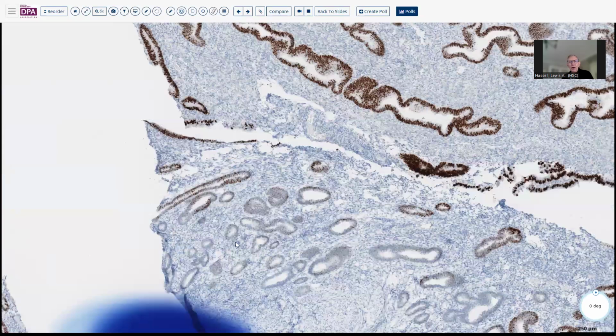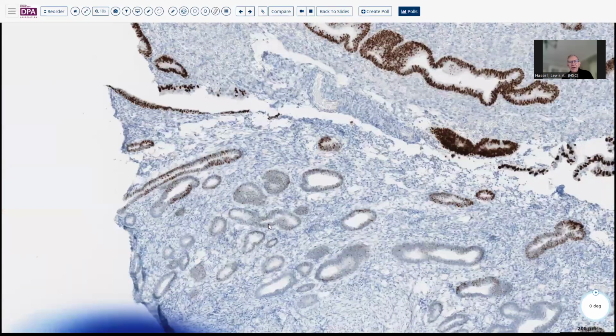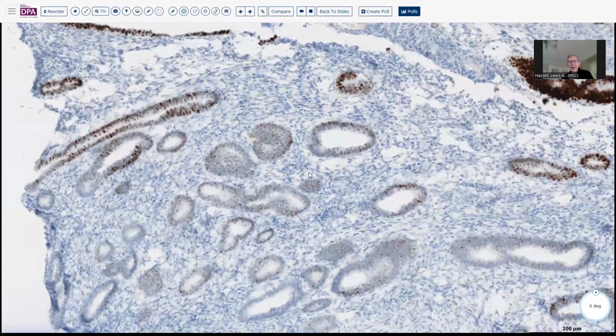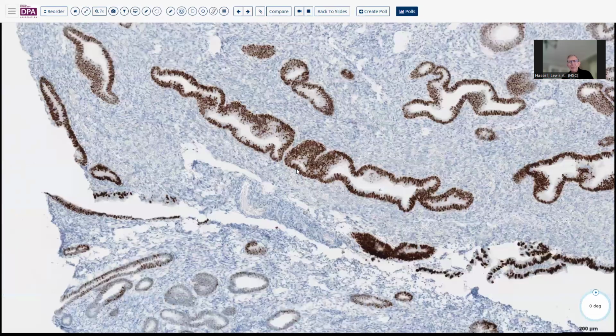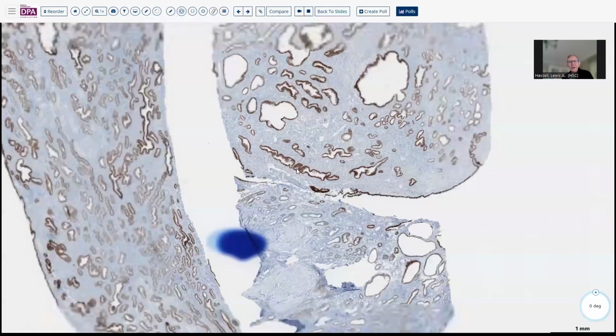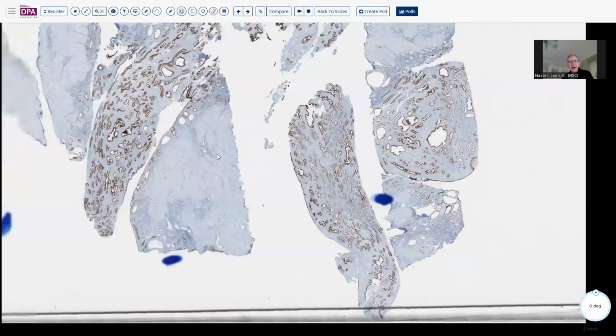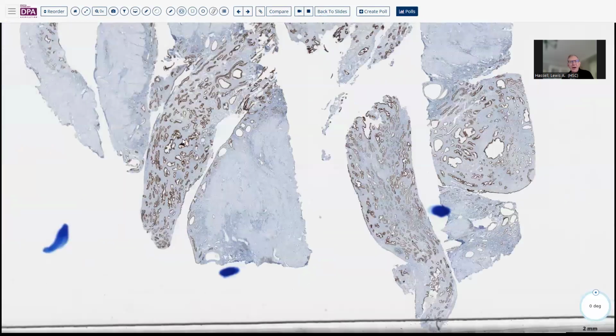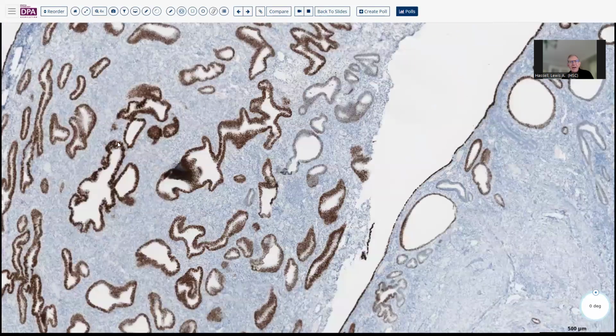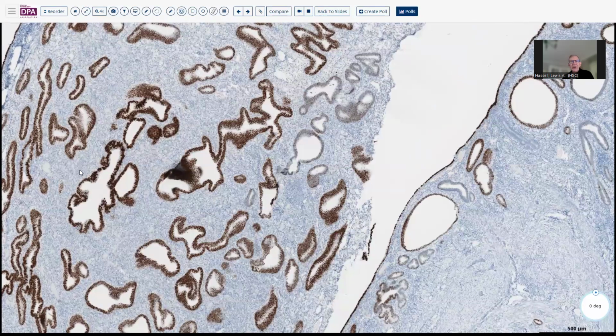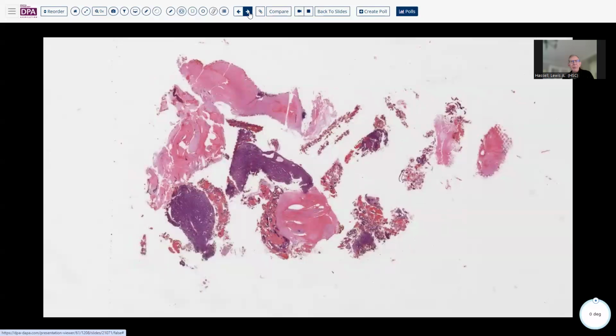So this would be the normal area here, and the abnormal staining tissues here are the ones that you see. So that's kind of a nice contrast. So even though we may not morphologically have the features in some of these glands that would say atypical hyperplasia, you can sometimes find the molecular features in those tissues as well.